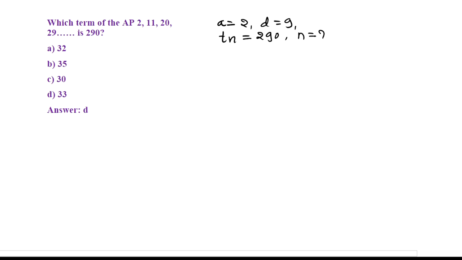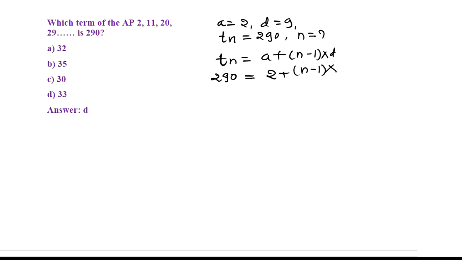So, let's use the formula. Tn is equal to a plus n minus 1 into d. Right? 290 is equal to a. A is how much? 2. Plus n minus 1 into d.